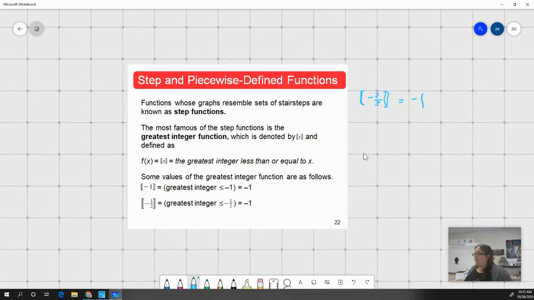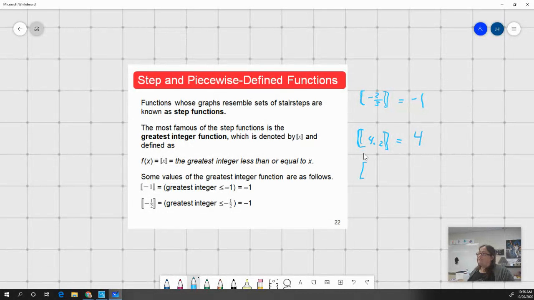If I had the greatest integer function of 4.2, it has to be the integer closest to it on the left, the less than side. So it would be 4.